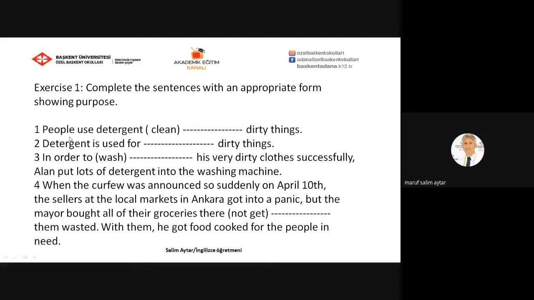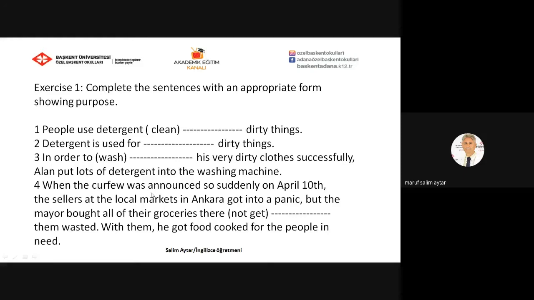Or detergent is used for what? In the third one, we say, in order to his dirty clothes successfully, Ellen put lots of detergent into the washing machine. Maybe he's made a mistake here.